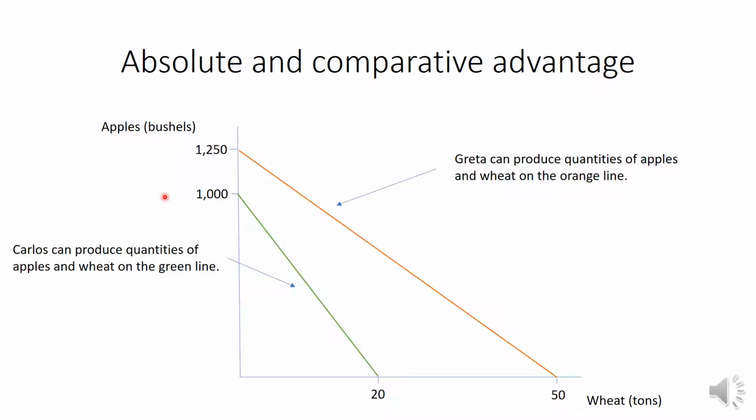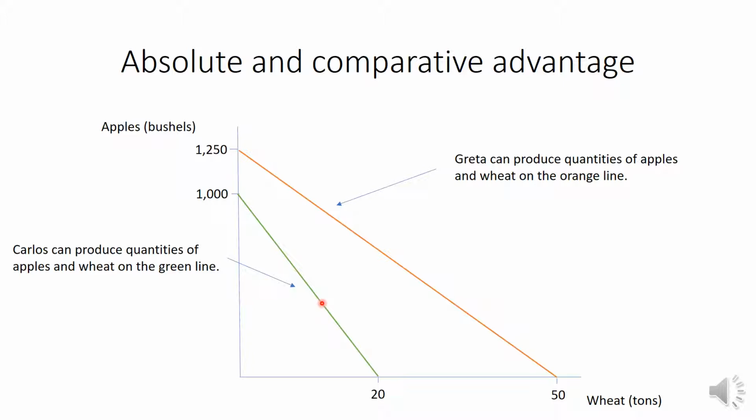The y-axis of the diagram shows apples in bushels. The horizontal axis shows wheat in tons. And so points inside this diagram show different combinations of wheat and apples. In particular, there are two lines, a green line for Carlos and an orange line for Greta.